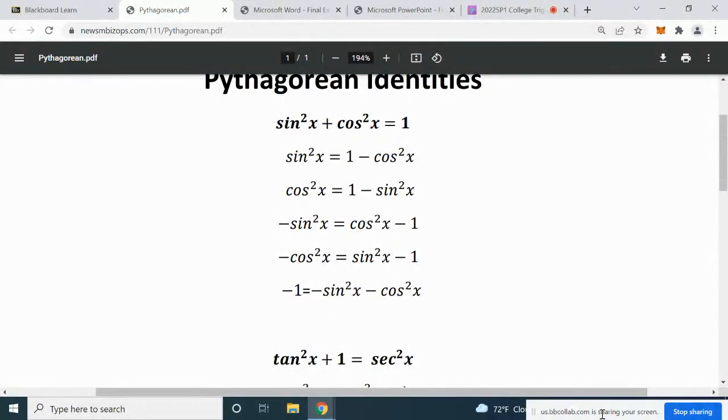Notice that if you take the Pythagorean identity, sine squared x plus cosine squared x is equal to 1, we can solve it for sine squared x. So sine squared x is 1 minus cosine squared x. You can also use that Pythagorean identity to solve for cosine squared x, and that's equal to 1 minus sine squared x. So in one of those formulas, sine squared x is replaced with 1 minus cosine squared x, and in the other alternative formula, cosine squared x is replaced with 1 minus sine squared x.